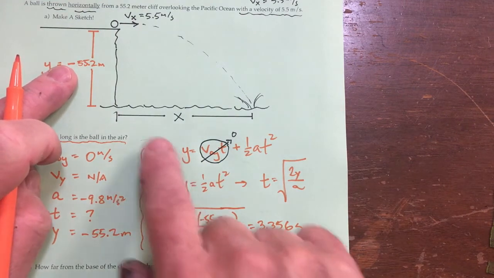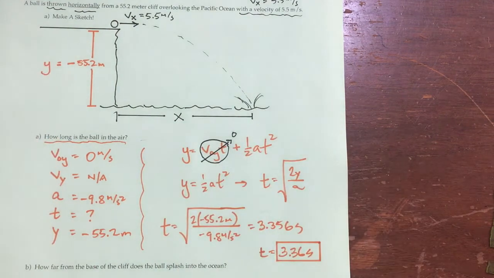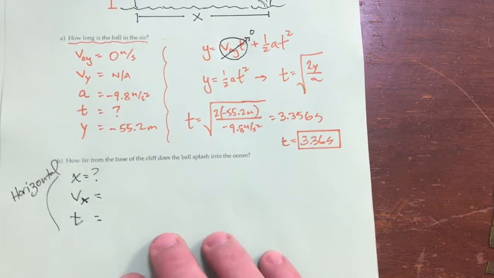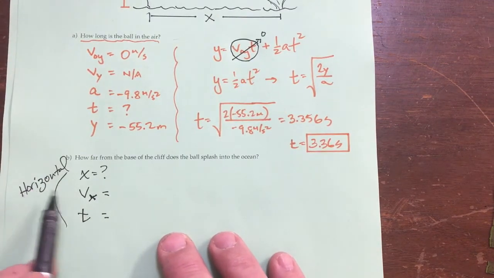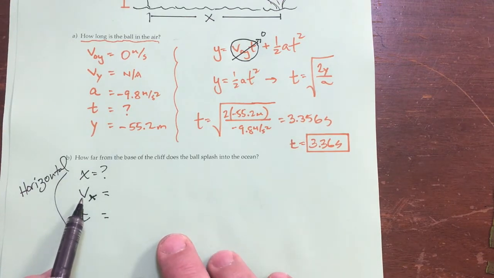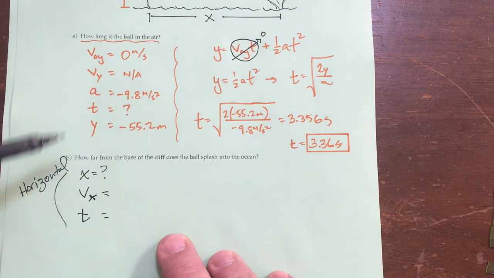How far from the base of the cliff does the ball splash into the ocean? Well, that's a horizontal thing. That's really x. That's what we're looking for. In the horizontal direction, we have 3 variables: horizontal displacement, horizontal velocity, and time. And time is really shared in the 2 dimensions.